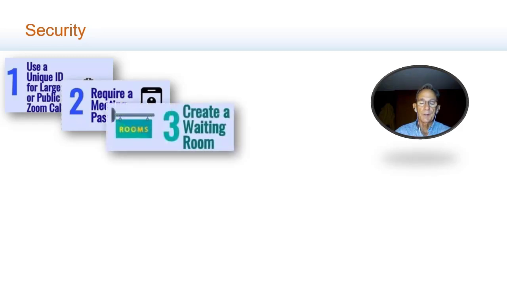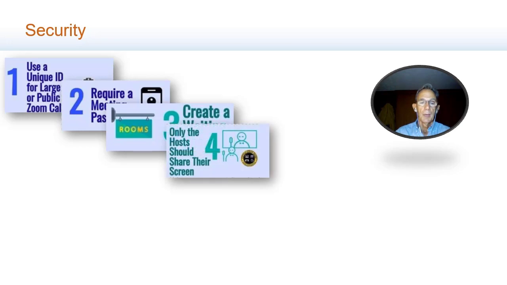Also, create a waiting room. So when you start the webinar, you can take a look at people in the waiting room, check their names if you need to, and just allow in the ones you want. Make sure the settings in your webinar are set so that only the host and the speakers can share their screens.